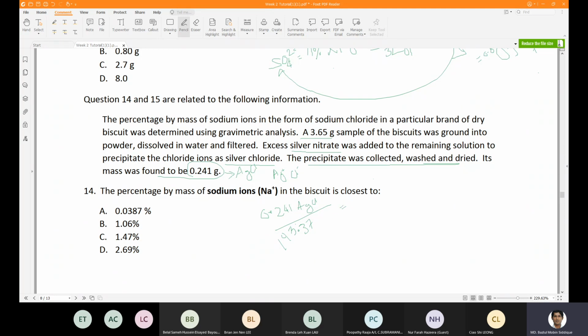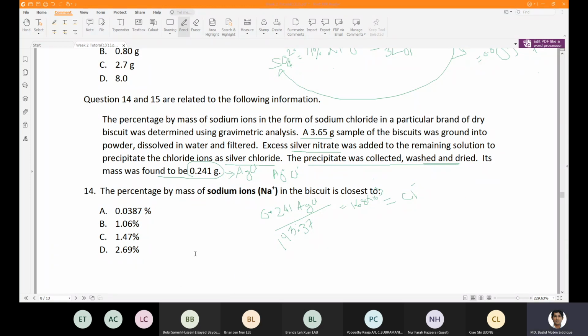So we will find the number of moles is 1.68 times 10 to the negative third. This is the number of moles. The good thing is that silver chloride has exactly the same number of moles of chloride, so 1:1. The exact number of chloride ions will be there inside.